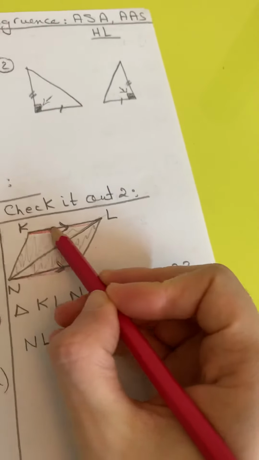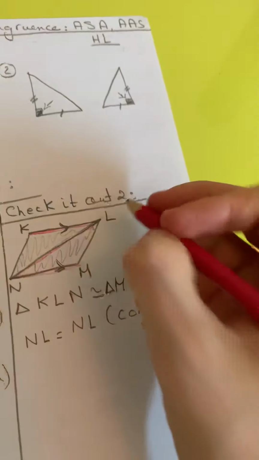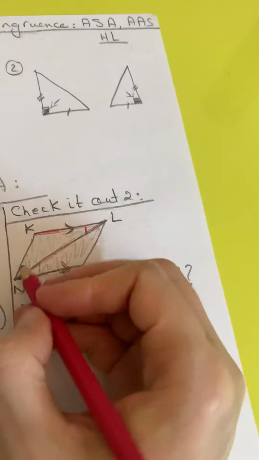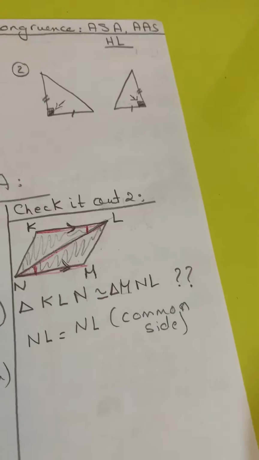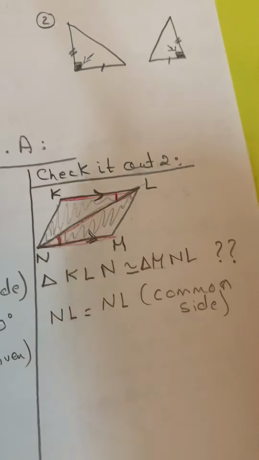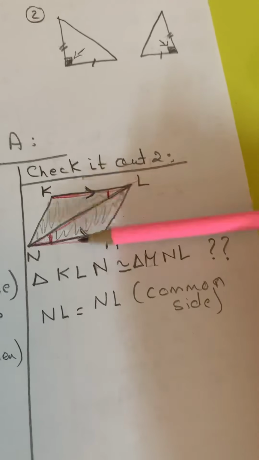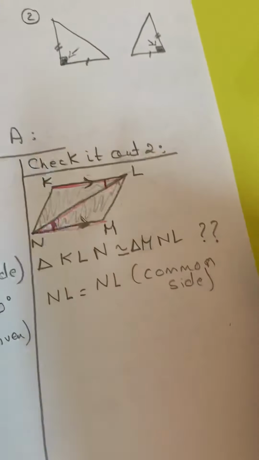So since these are parallel, if you look at these two angles here, L and N, they are alternate interior angles and they are equal.